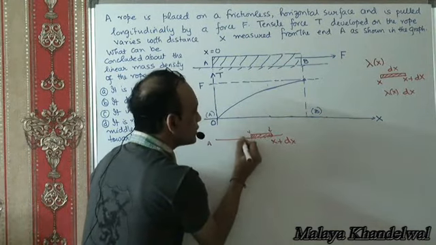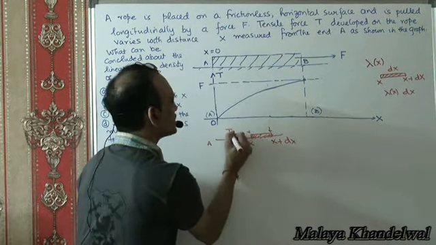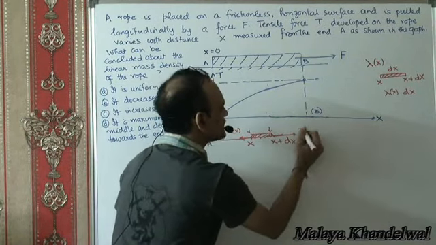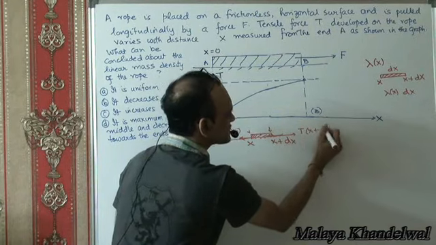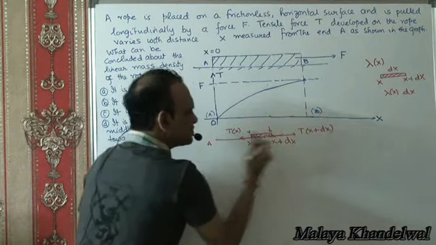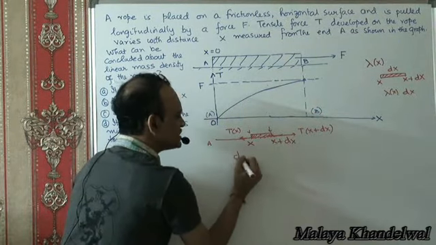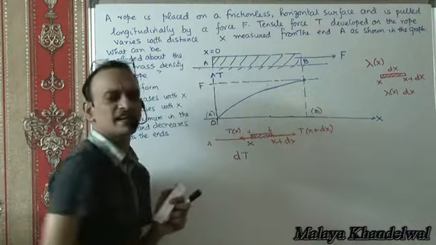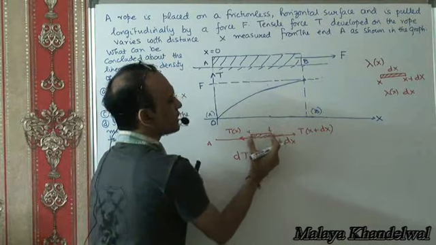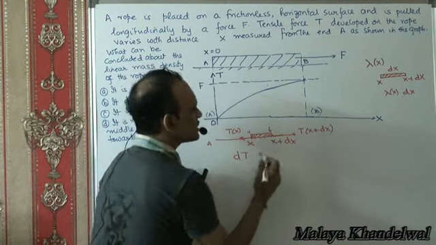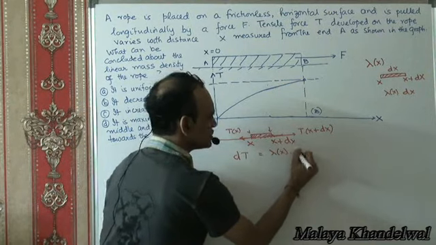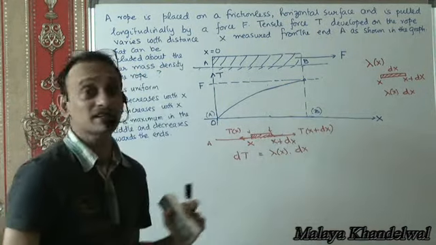So the tension at this end would be tension at x. The tension at the other end of this segment is going to be tension at x plus dx, right? And the difference in the tension, this minus this, is going to be dT. The change in tension from x to x plus dx must be the mass of this segment, lambda at x into dx, into the acceleration of this segment.